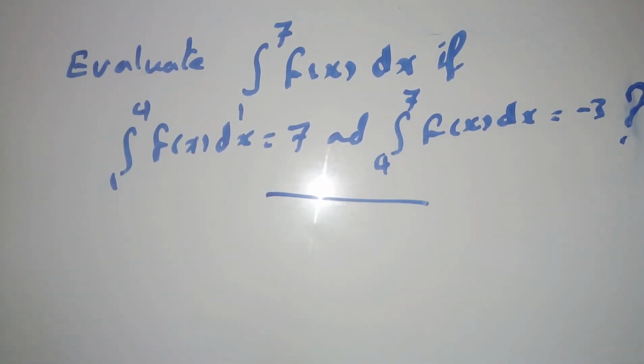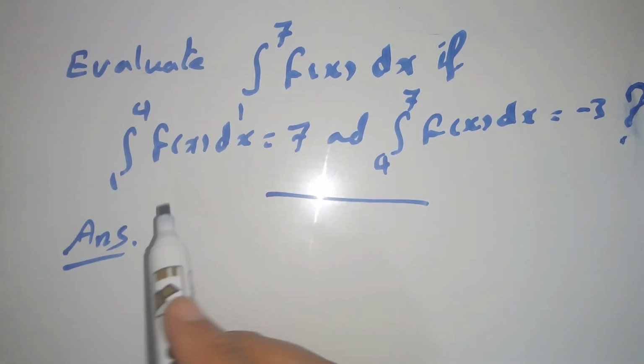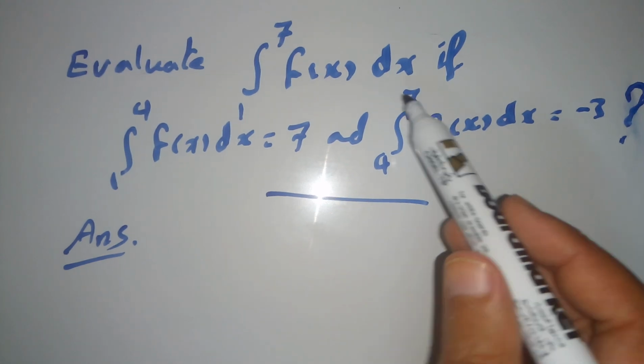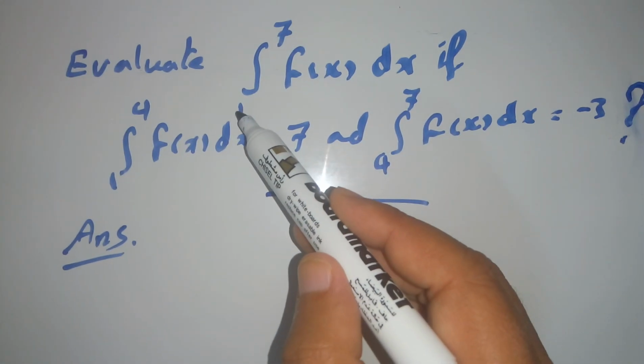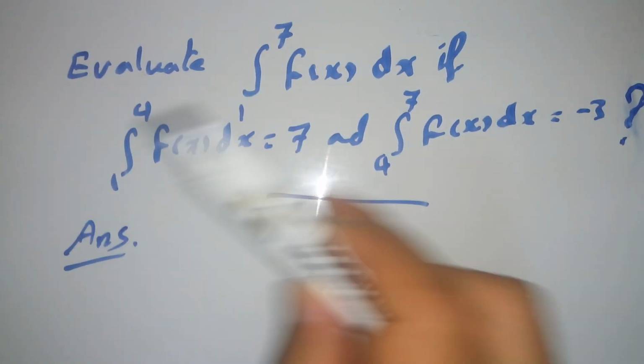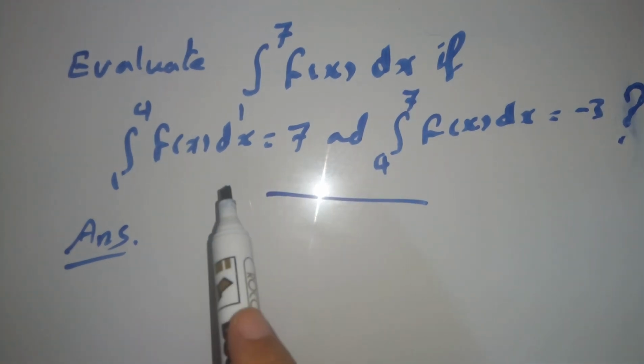Answer: here you have from 1 to 4 and from 4 to 7, and the given is from 1 to 7. Then break this integral into two integrals and apply the third property.